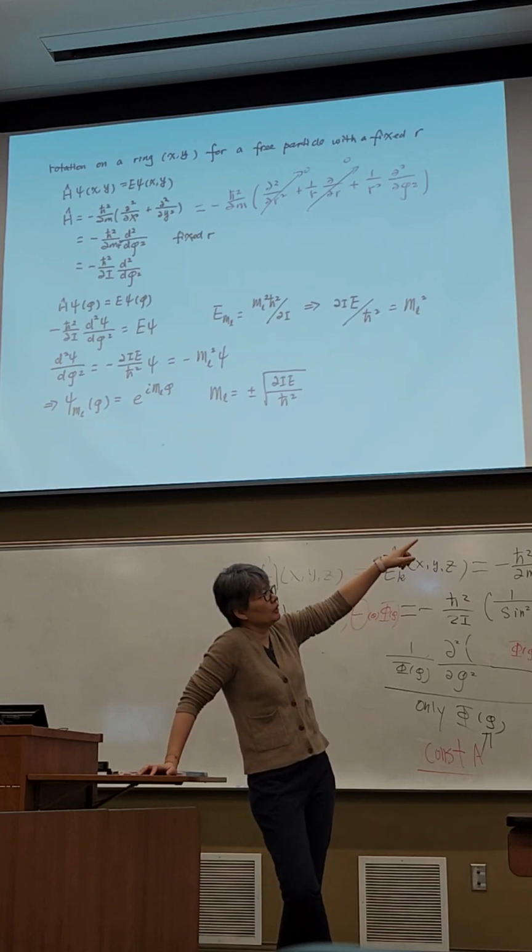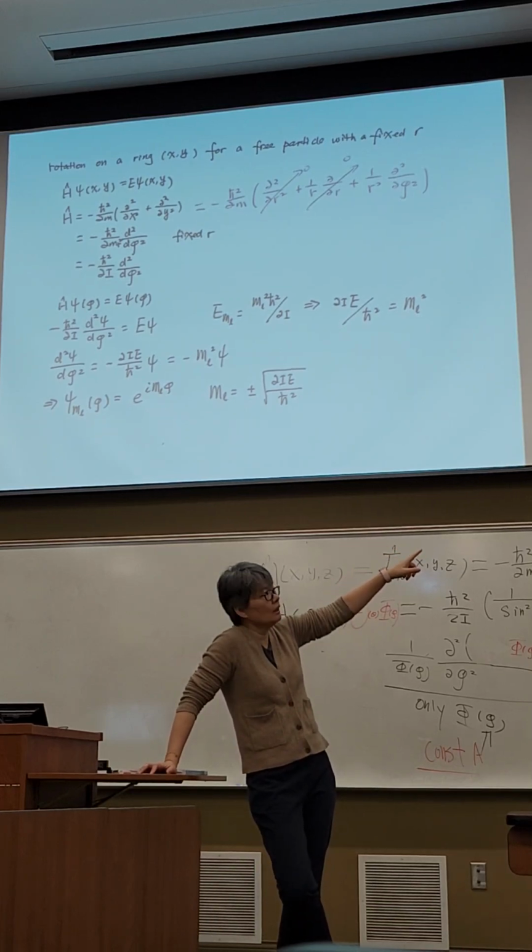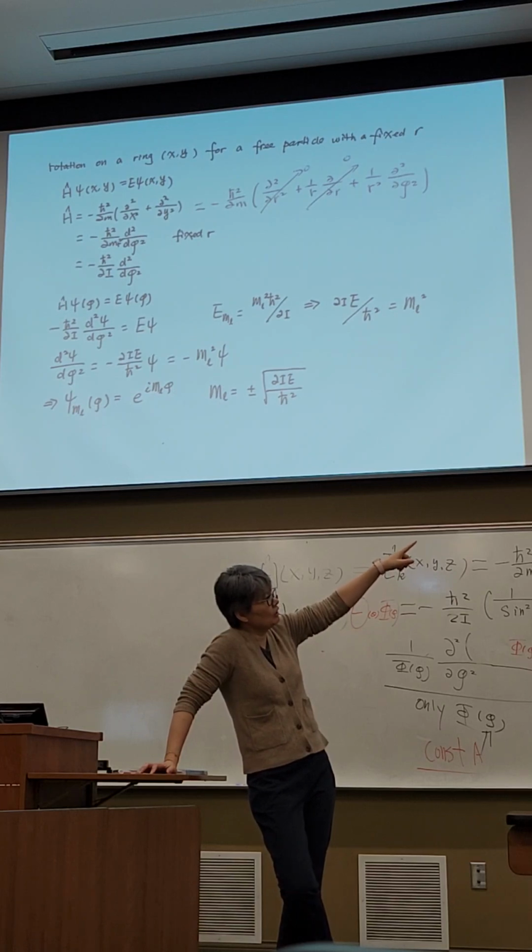If you plug into the Schrodinger equation, now what you see here, the derivative for the wave function, second order with respect to the angle, second order, what do we have?